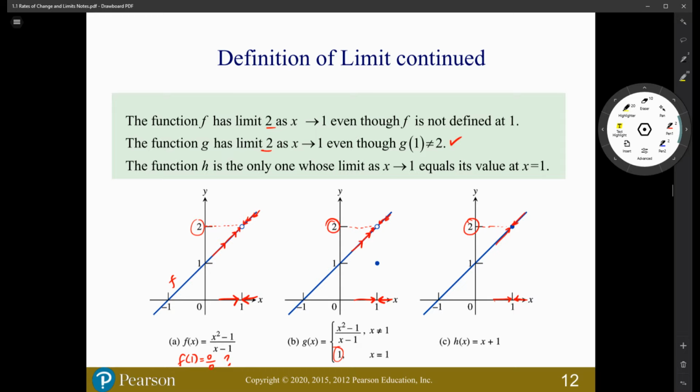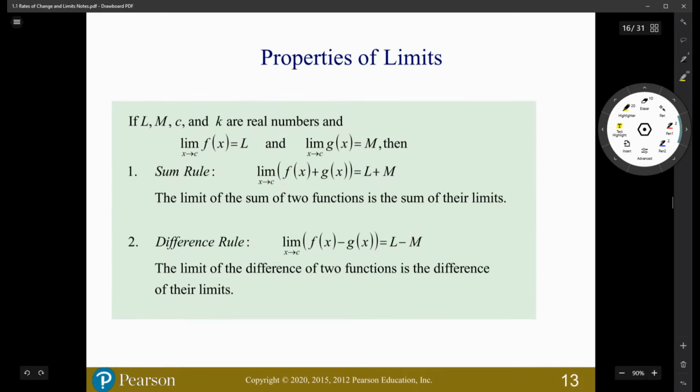So a bit of an idea here to emphasize the point that the limit as x approaches, in this case 1, of some function f of x is not necessarily f of 1. Not necessarily do we just take that number and plug it in. We're talking about what happens to the function very, very close. So next up, some properties.